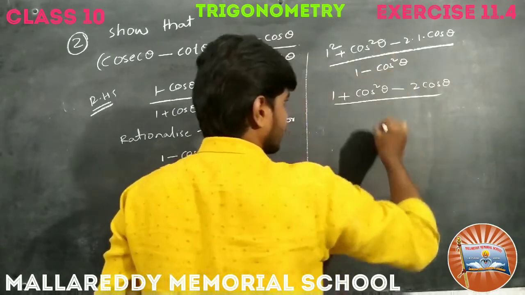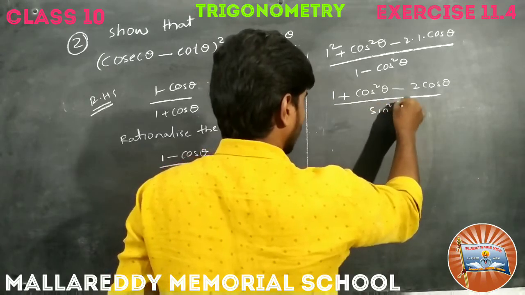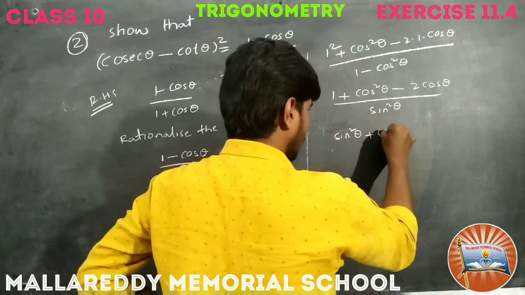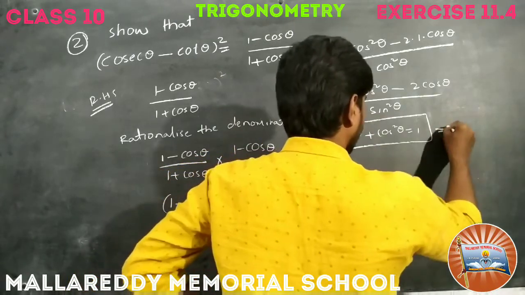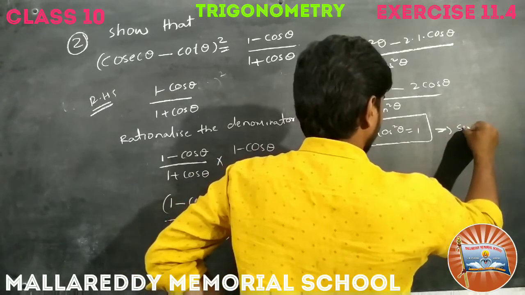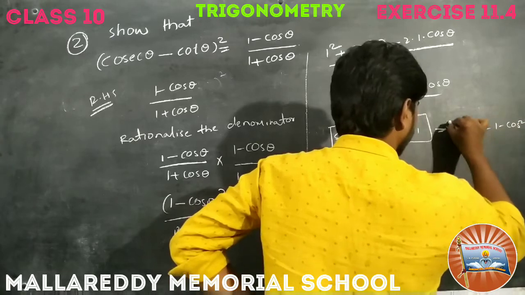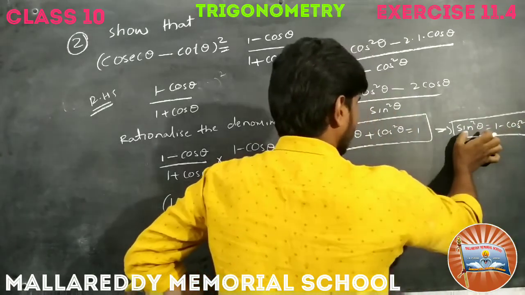This we can write, look at here, sin square theta. How is it possible? So we have sin square theta plus cos square theta is equal to 1. By this we can write sin square theta is equal to 1 minus cos square theta, isn't it? So I am replacing 1 minus cos square theta with sin square theta.